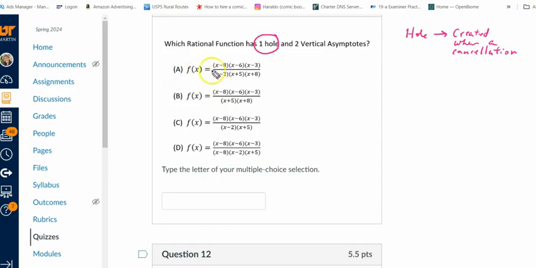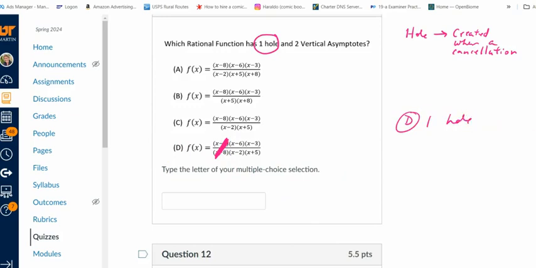All right, so if I look at A, nothing cancels. If I look at B, nothing cancels. If I look at C, nothing cancels. But when I come down here to D, I have a product in the numerator, a product in the denominator. The x minus 8 terms cancel. And there's no other cancellation. So D has one hole.